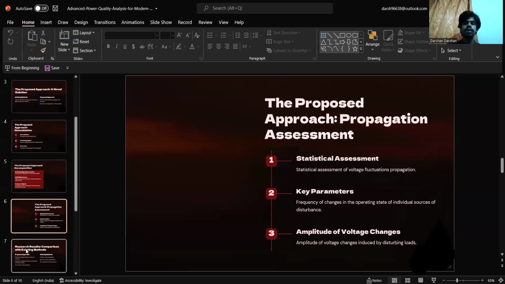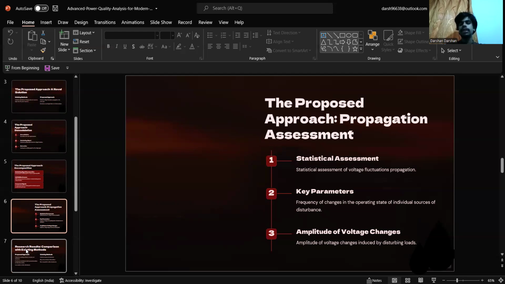Let's move further. The proposed approach includes propagation assessment, statistical assessment, and key parameters. In statistical assessment, we perform a statistical assessment of voltage fluctuation propagation.